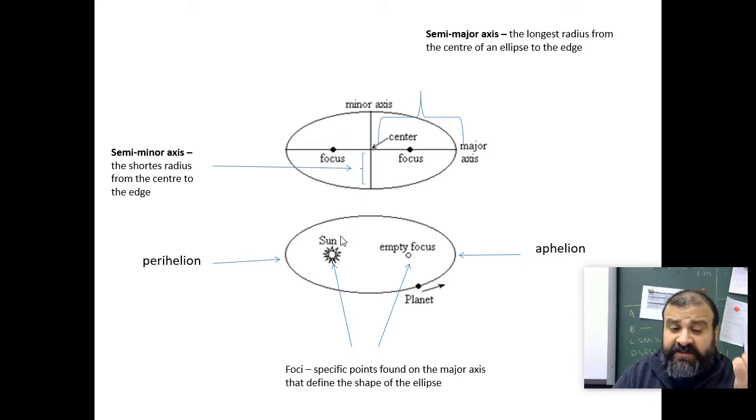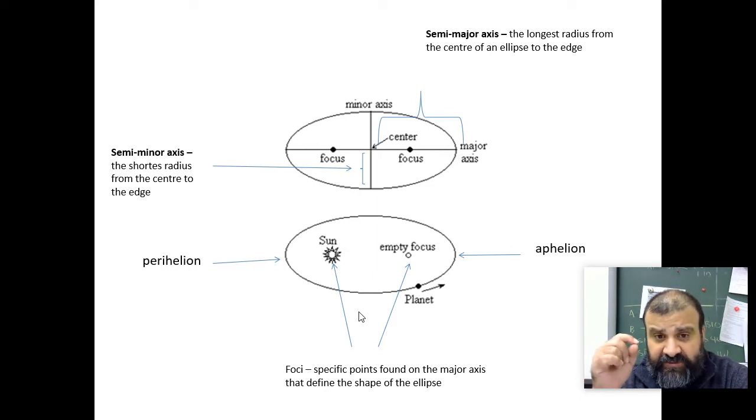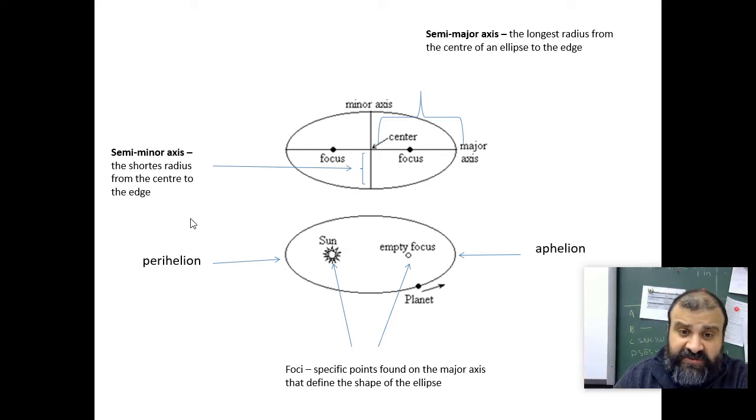Planets in orbit around our sun, their orbits aren't perfect circles, they tend to be elliptical, with the sun at one of the focus points. The other focus point, there's nothing there. Planets are orbiting our sun in an elliptical path, but these ellipses are almost circular. They're not perfect circles, though. If they were perfect circles, the sun wouldn't be at a focal point, it would be right at the center.